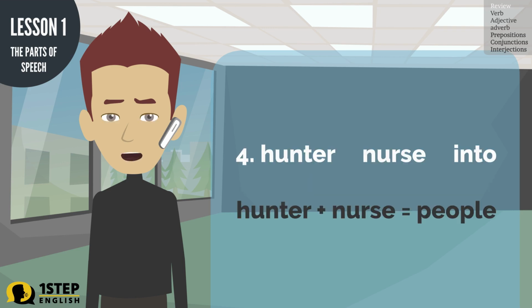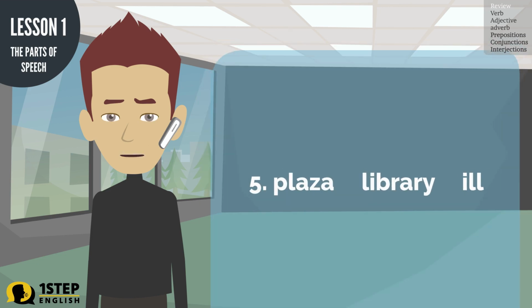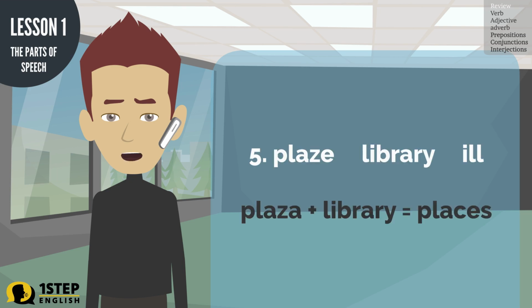The answer is hunter and nurse. We label them as people. 5. Plaza, library, ill. The answer is plaza and library. We label them as places.